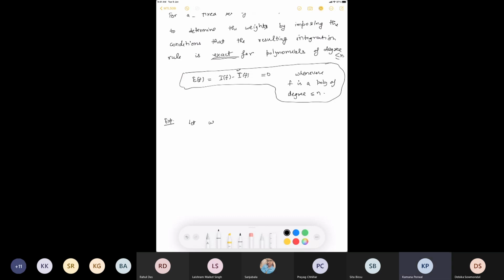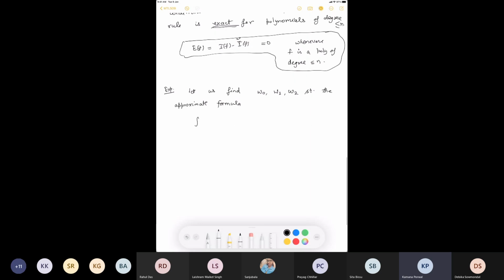So let's try to find the weights w0, w1, w2 such that the approximate formula for the integral of f over the interval [a, b] is w0 times f at a, plus w1 times f at the midpoint (a+b)/2, plus w2 times f at the other endpoint b.